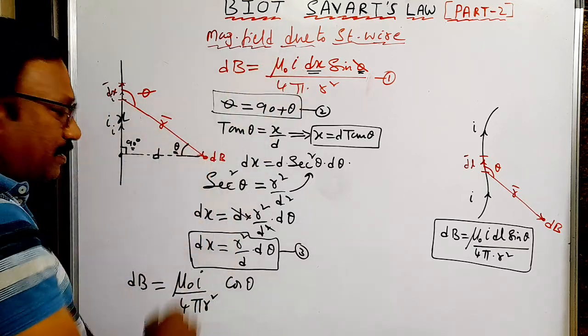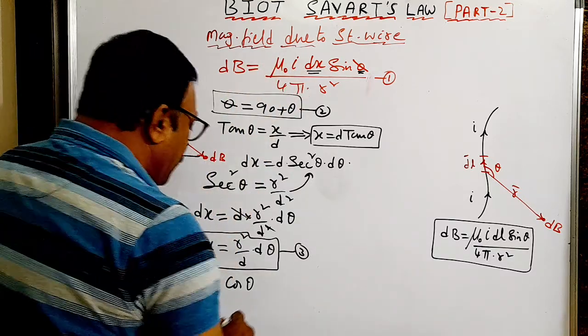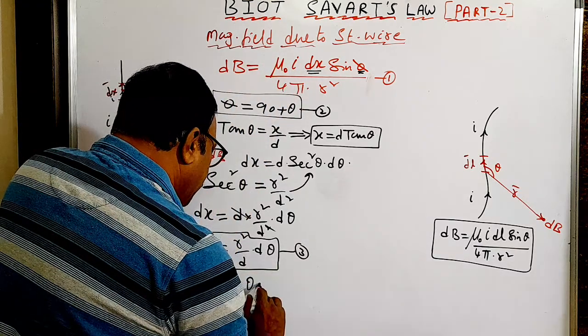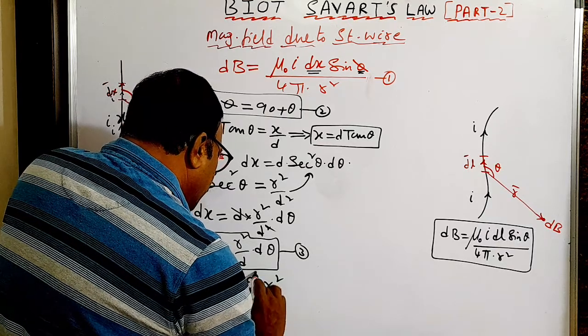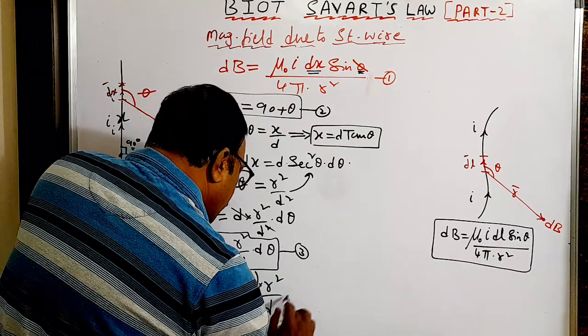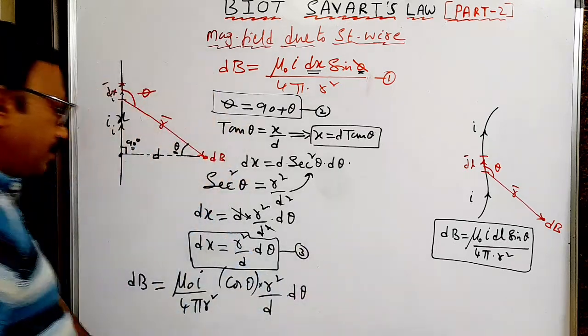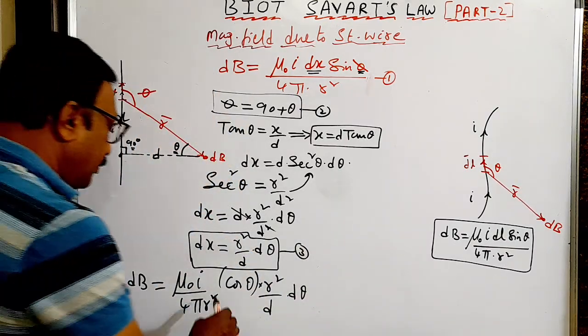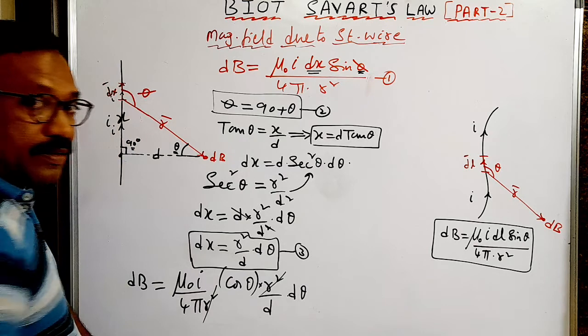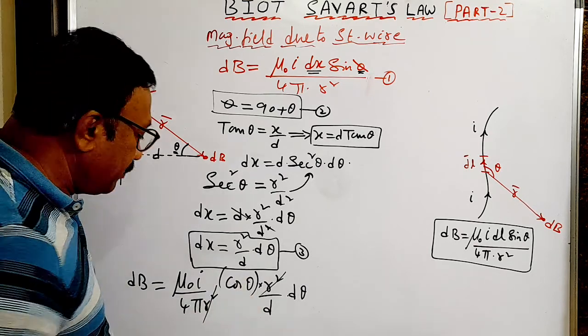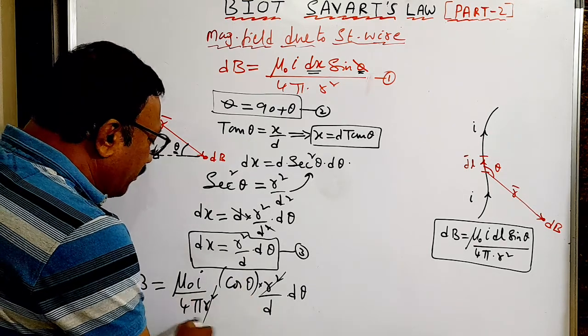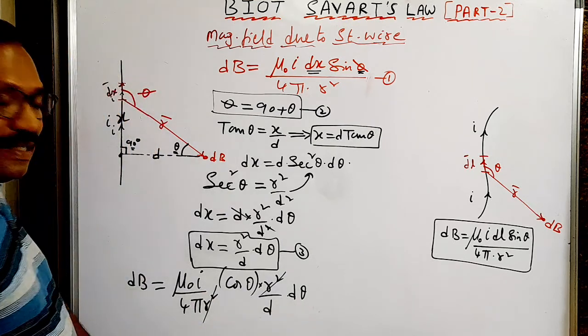Then I will substitute dx. Dx is r square by d into d theta. R square is gone, so one variable is gone. Then I have mu naught I by 4 pi d into cos theta d theta only now.